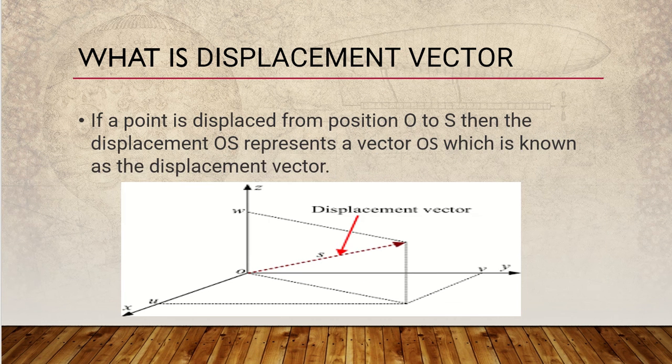The last category of the vector is displacement vector. If a point is displaced from position O, O means origin, to S, then the displacement OS represents a vector OS, which is known as displacement vector.